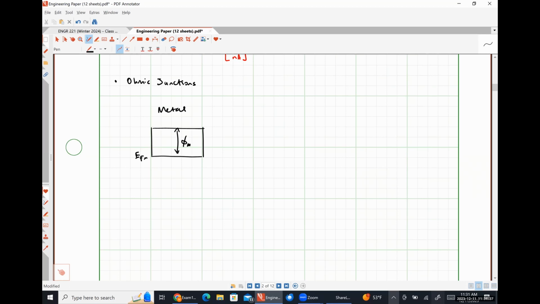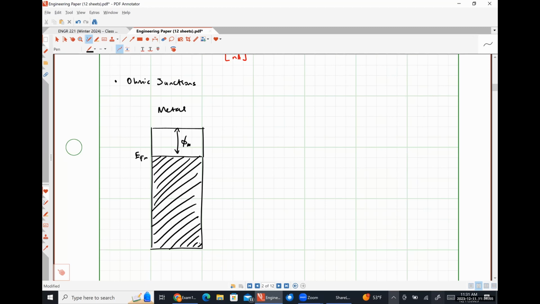Here's EFM. And then all of this is full of electrons. And then over here, we're going to have yet another N-type semiconductor.